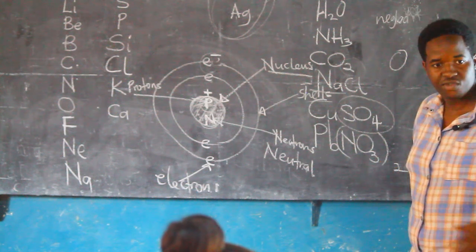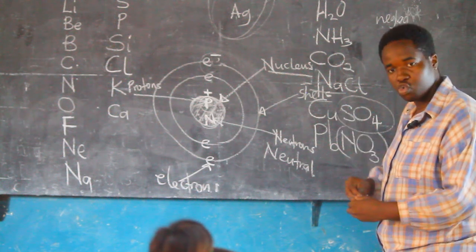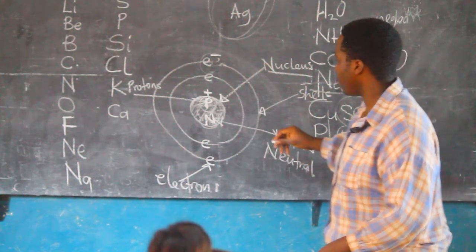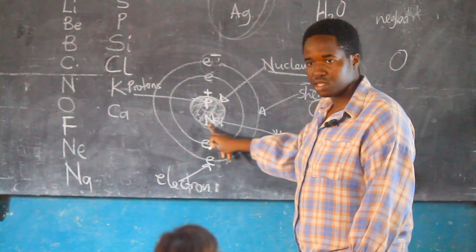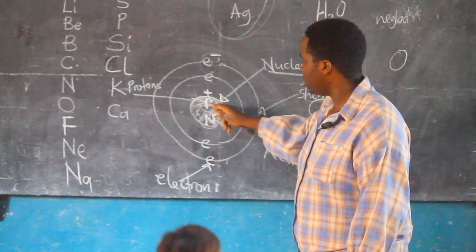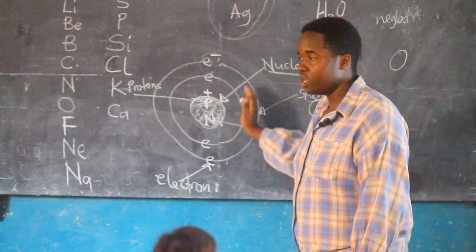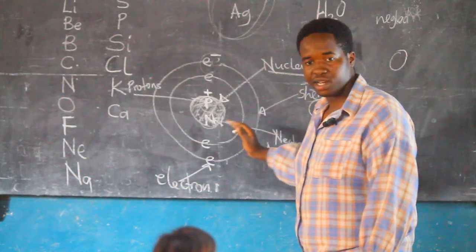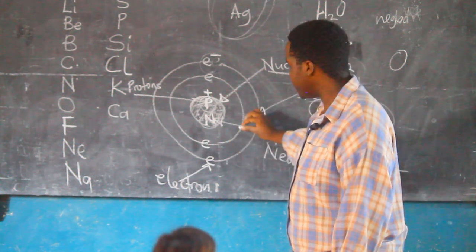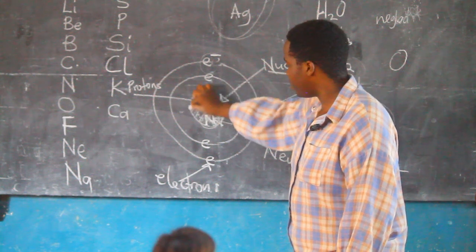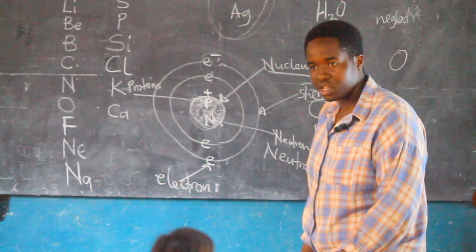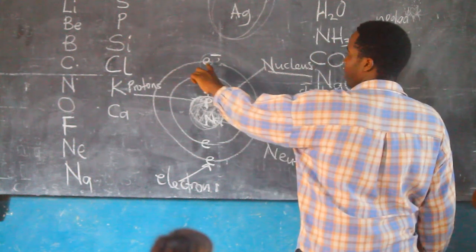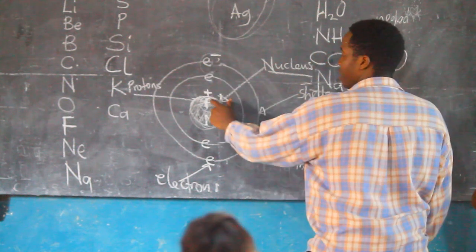You can neglect it because it's too small. Now, these ones have charge, neutron doesn't. But when it comes to weight, the ones in a nucleus have weight, the rest we take to be weightless. So that means most of the weight of an atom comes from this nucleus. But then the charge is much determined by these electrons and protons.